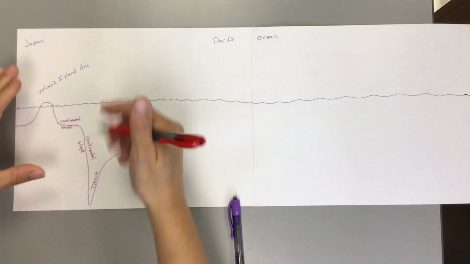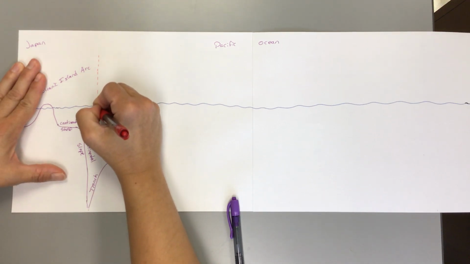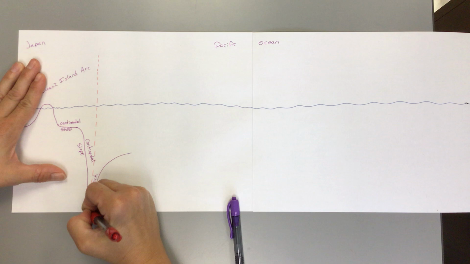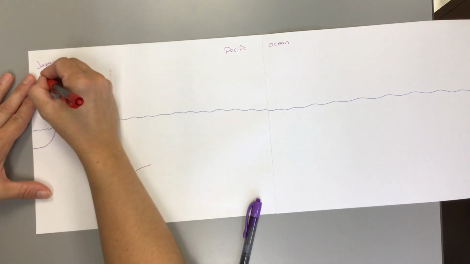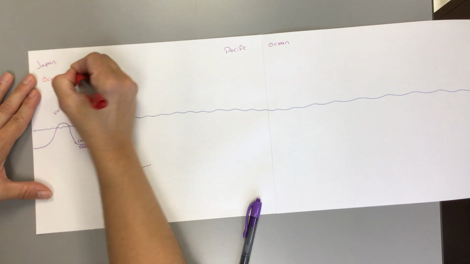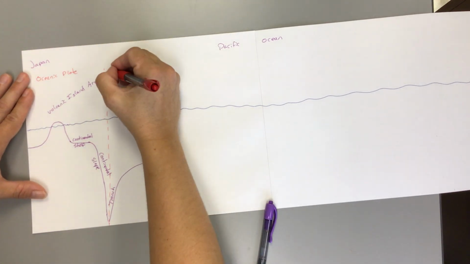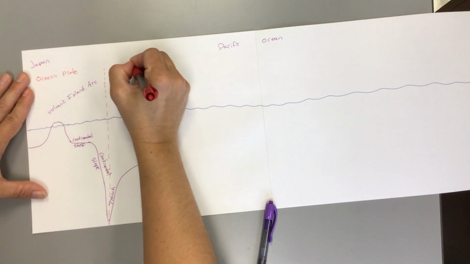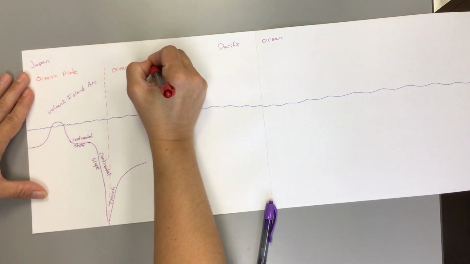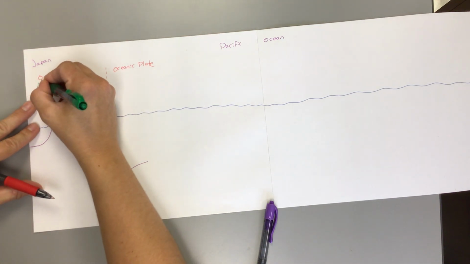I'm going to pause here. I'm going to identify my plate boundary. So Japan is actually part of an oceanic plate. And this is what we call an active margin.